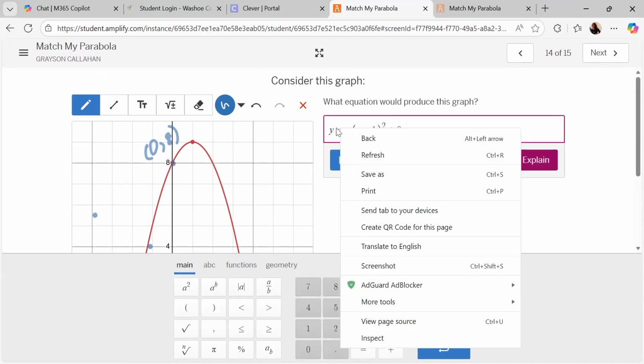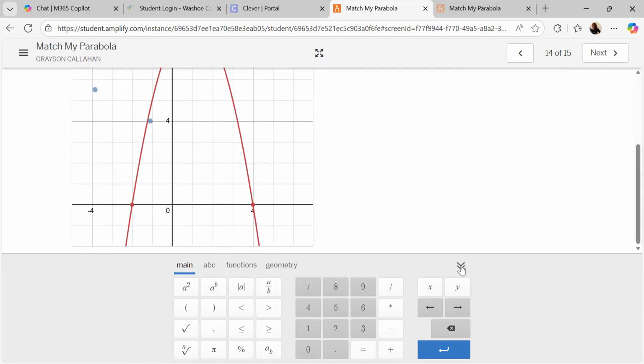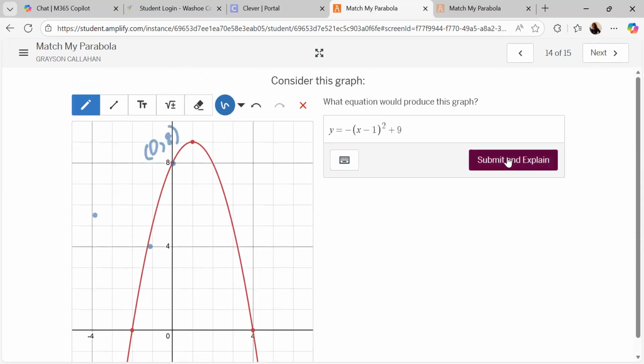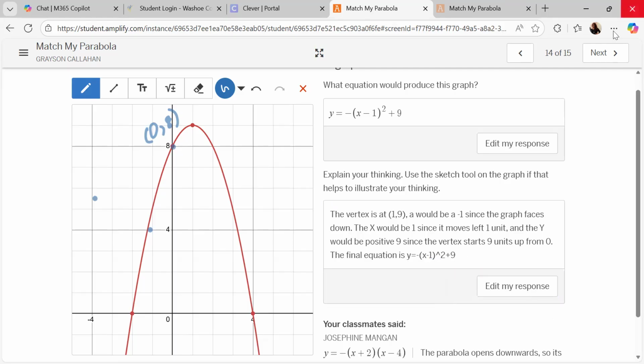You might also want to include the equation. Do you understand that? Share with class.